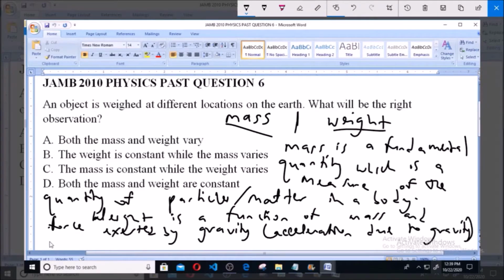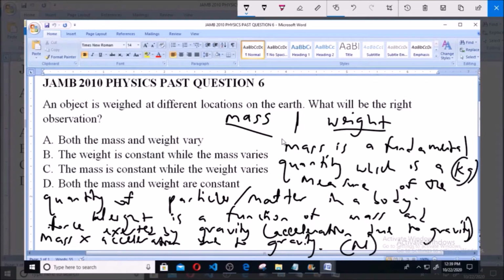Weight is usually mass multiplied by acceleration due to gravity. While mass is just measured using whatever apparatus, maybe a weighing balance, weight, of course, is measured in Newtons, and mass is measured in kilograms.